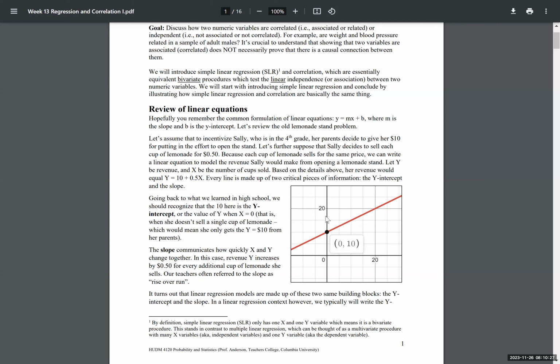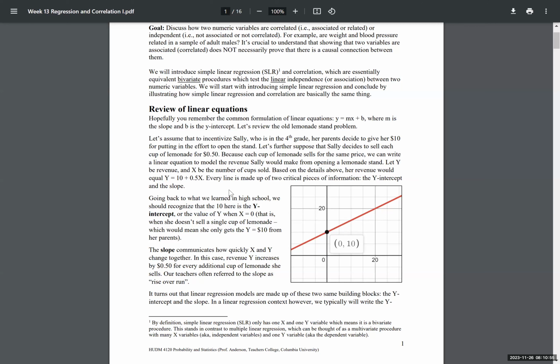And so what I've just given you here is basically the slope and the y-intercept. So let's start with the y-intercept. The y-intercept is the value of y when x is 0. That is, it's the point where the line intercepts or touches or intersects the y-axis.